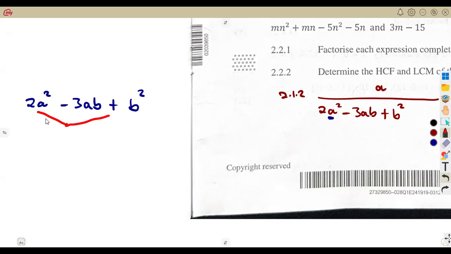But the longer way is how you're supposed to have it. 2a squared times b squared is going to give us 2a squared b squared. Remember, you multiplied the first term by the last term. Then you look for two terms that will give you this 2a squared b squared when multiplied, but when added, they are supposed to give you the middle term.